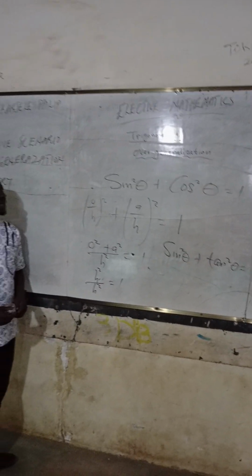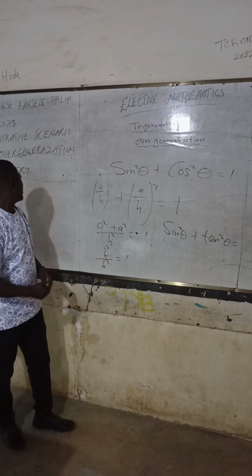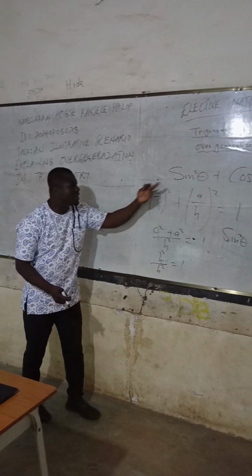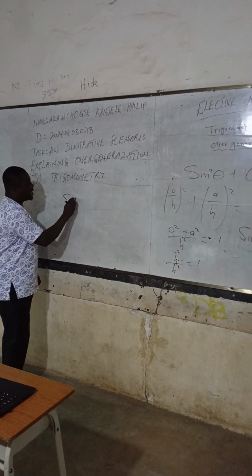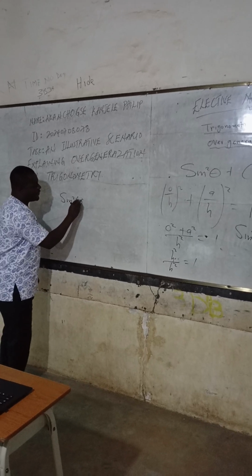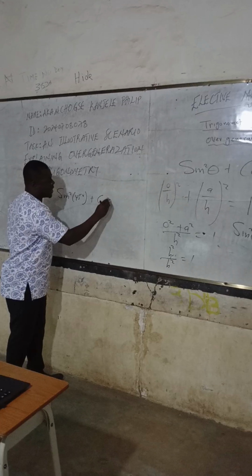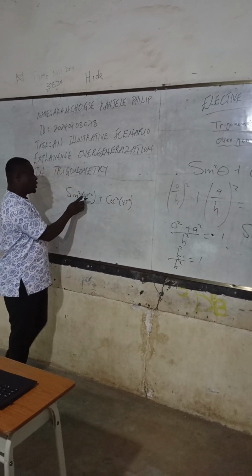With this particular one, you can prove. Let's assume that theta is 45 degrees. Substituting 45 degrees in place of theta, we have sine square 45 degrees plus cos square 45 degrees.